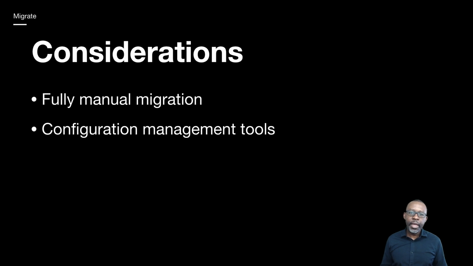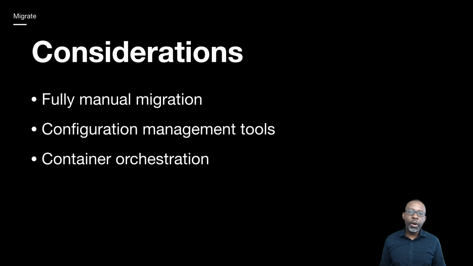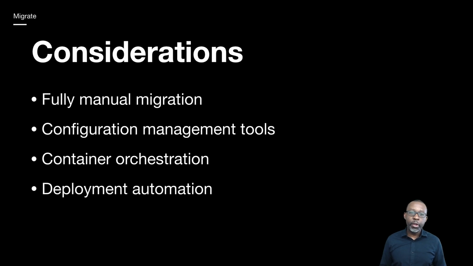Configuration tools take away a significant administrative burden. Container orchestration platforms such as Kubernetes are optimized for managing the lifecycle of workloads in a production environment at scale. It is also important to think about the deployment automation options that are available and select an approach that is suitable for the workload being migrated.